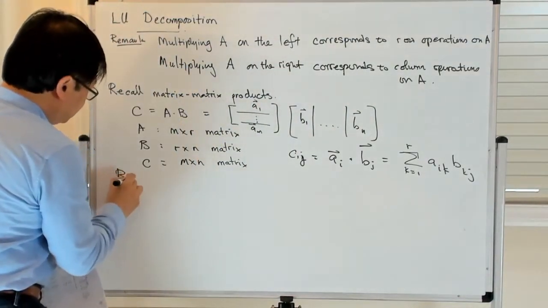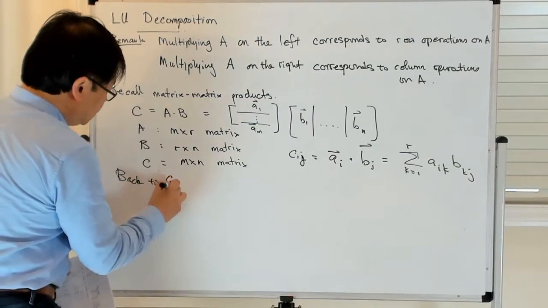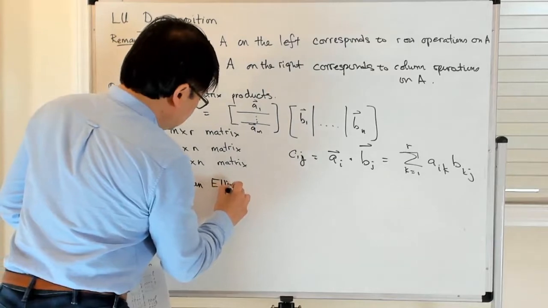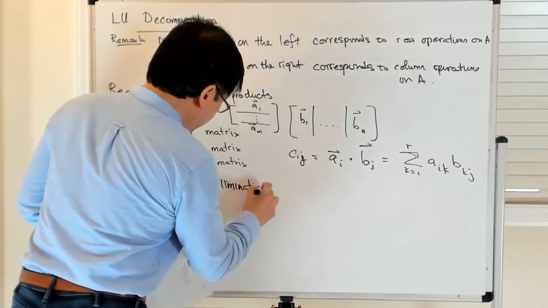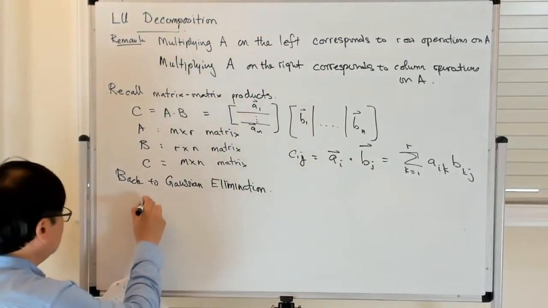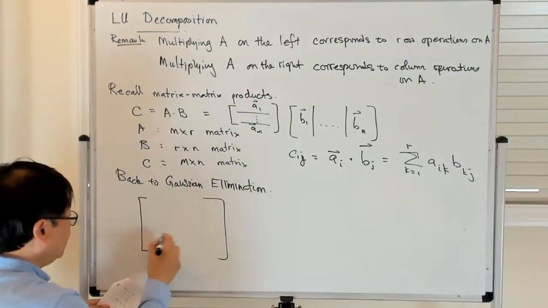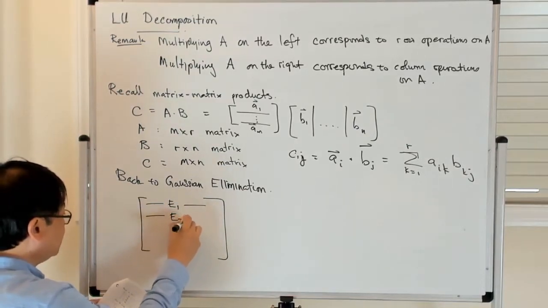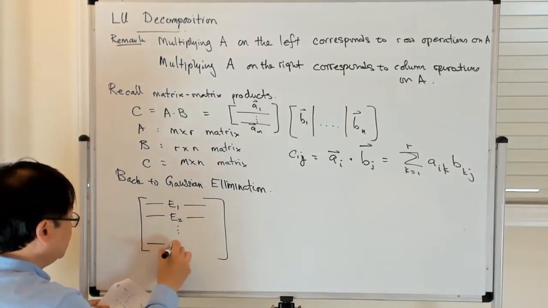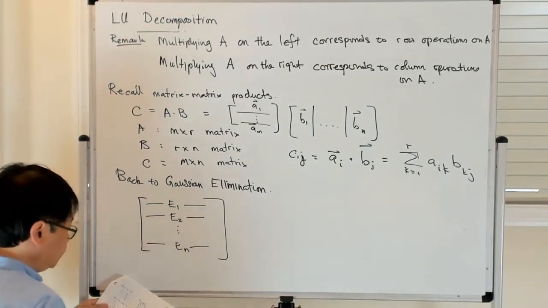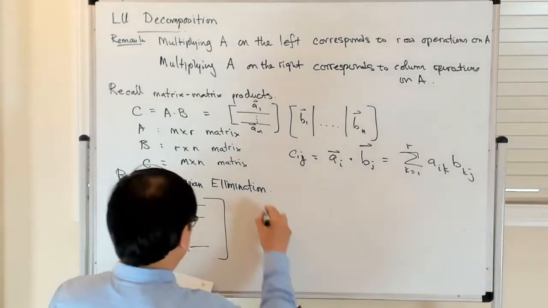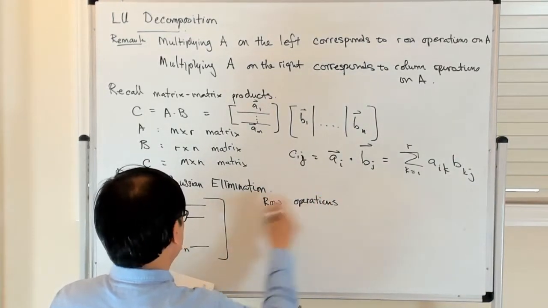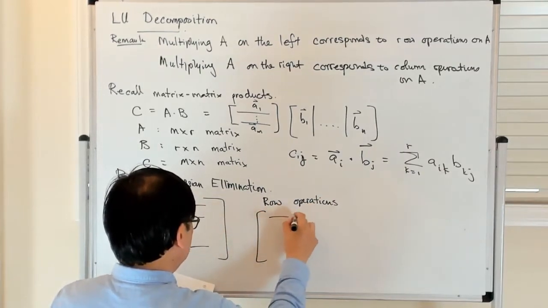So now back to Gaussian elimination. In Gaussian elimination, I think of the rows as corresponding to equations. Each row corresponds to an equation, equation 1, equation 2, all the way up to equation n. And the row operations you have involve taking the first row and keeping it the way it is.